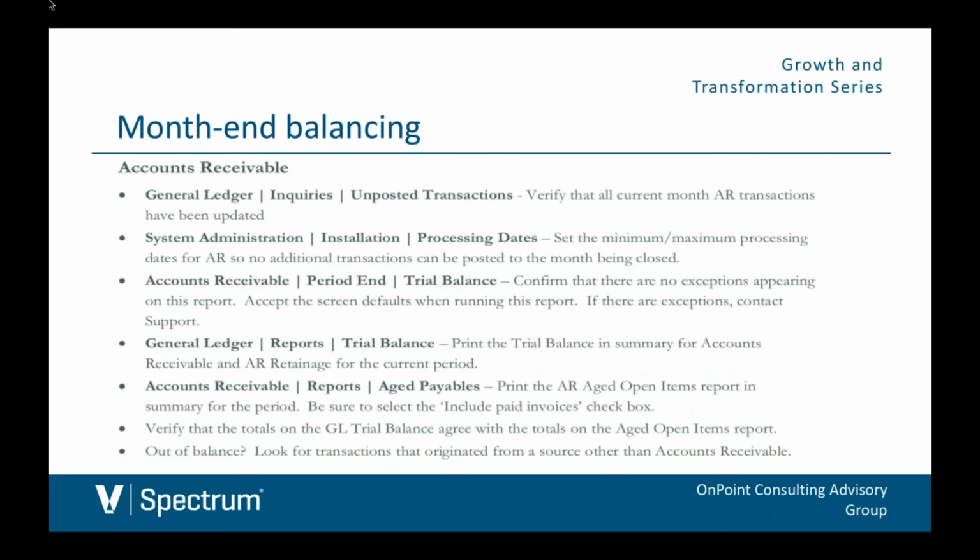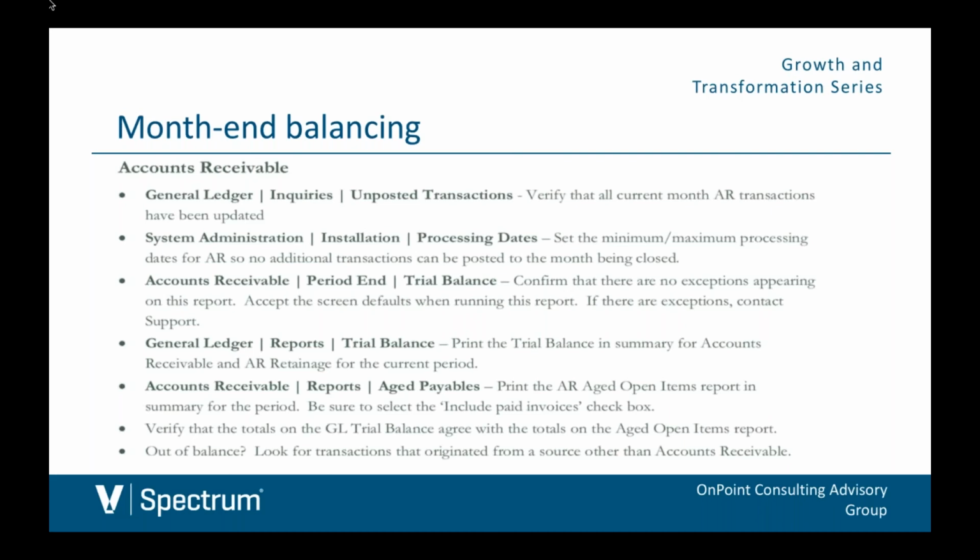So in accounts receivable, the first two items are the same ones that we had talked about before. You do them one time and you're done with them. Then in accounts receivable, you would do the period end, do the trial balance, make sure that there's no exceptions. You would have already had your general ledger trial balance printed out from earlier.